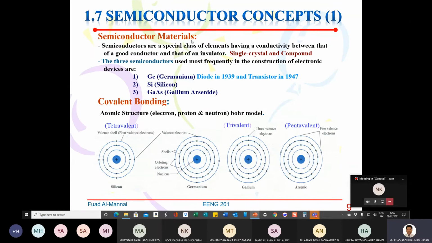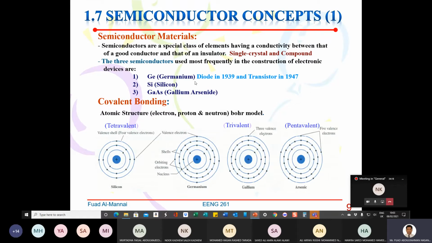Semiconductor materials. This is on slide number 9. Semiconductors are a special class of elements having a conductivity between that of a good conductor and that of an insulator. They come as single crystal, in nature, and compound, which is man-made. The three semiconductors used most frequently in the construction of electronic devices are, the first one, germanium.